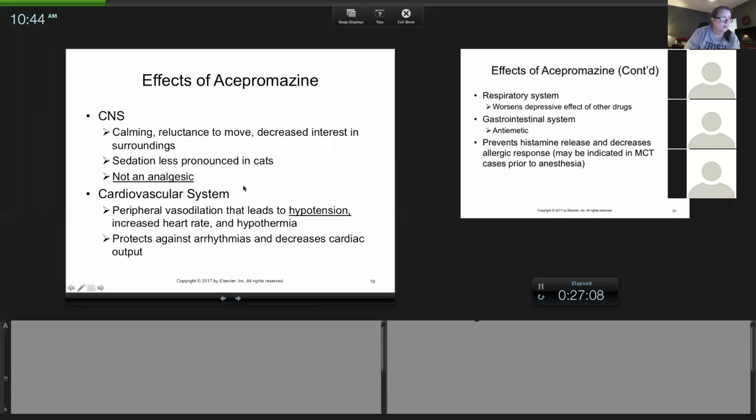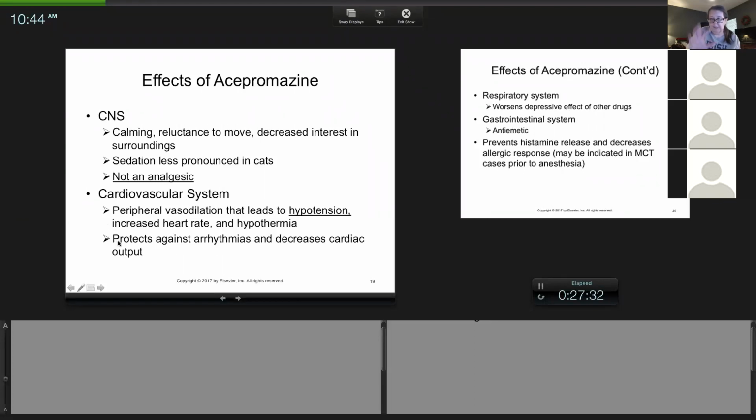And anytime you vasodilate them, you increase the chance of hypothermia because when they dilate, the vessels give off heat and you can lose body temperature. So keep them on a towel, keep them covered. Now, the one thing that acepromazine does that's kind of a nice benefit, it can have some anti-arrhythmic effects.